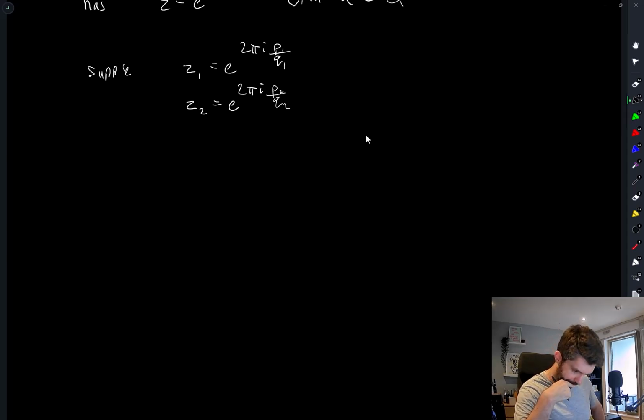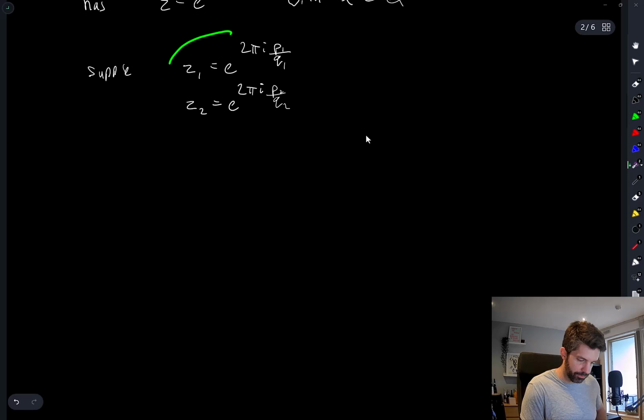Then this will generate a subgroup which is in fact the same as the one I defined above.